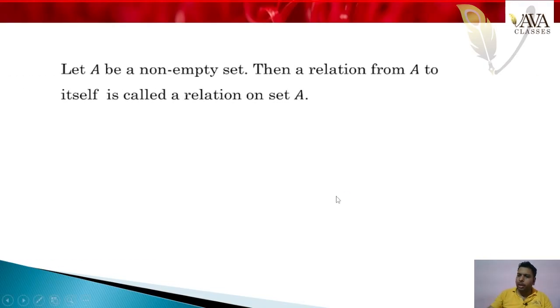So students, now we'll discuss relation on a set.